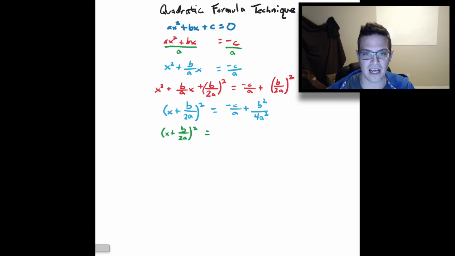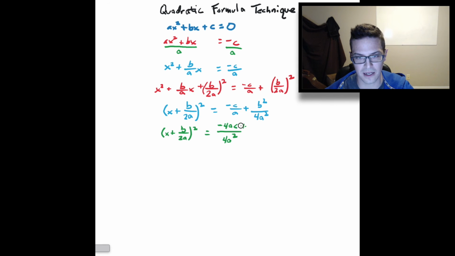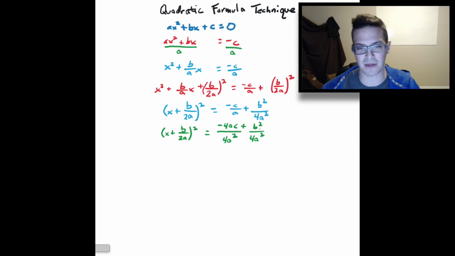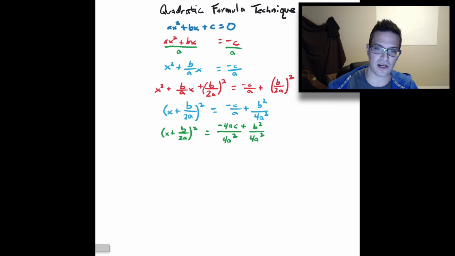So I'm going to multiply the top and the bottom here by 4a over 4a. So it's going to be negative 4ac divided by 4a squared plus b squared over 4a squared. Okay, these are basically going to combine. I'm going to reorder this so that the b squared is in front. So you're going to end up with something like this.